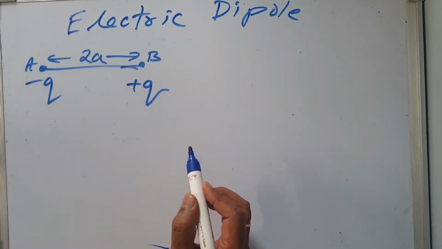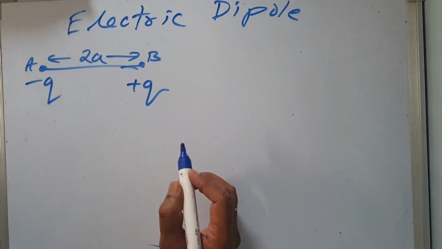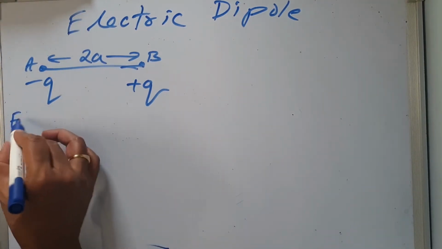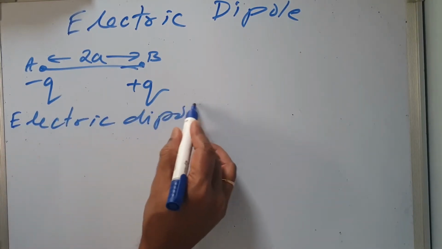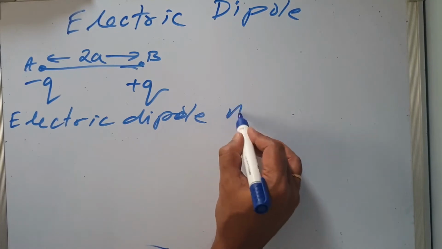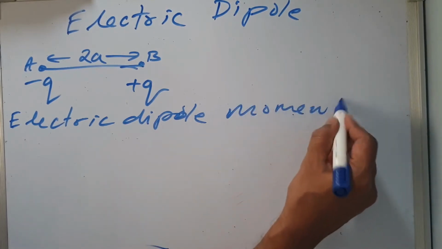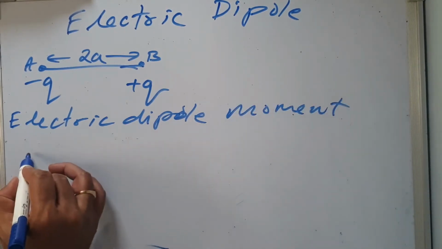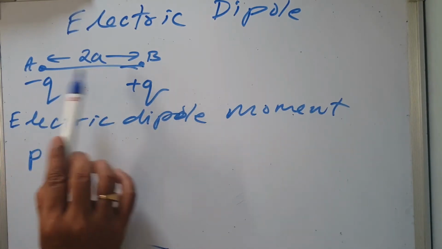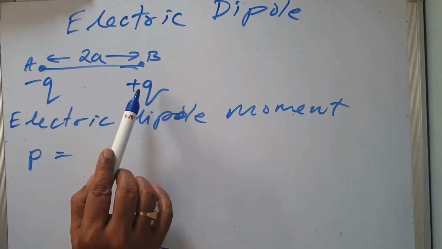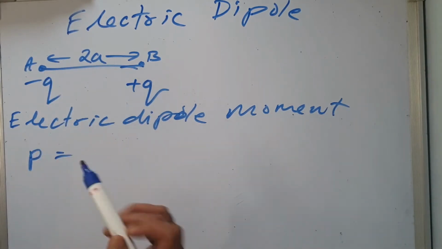Now, a physical quantity associated with the electric dipole is electric dipole moment, represented by P. It is the product of the magnitude of one of these two charges and the separation between the two charges.